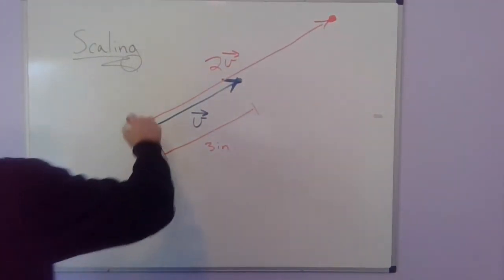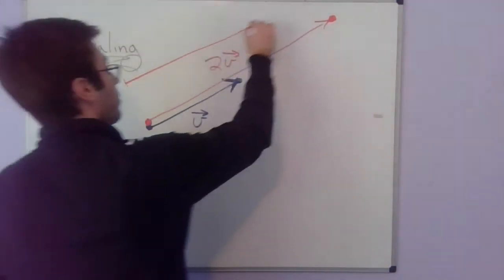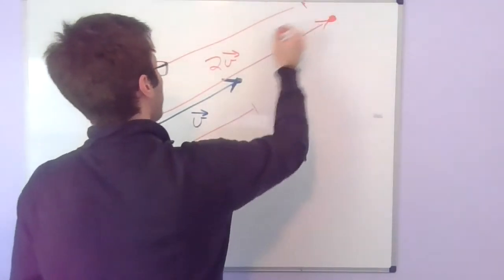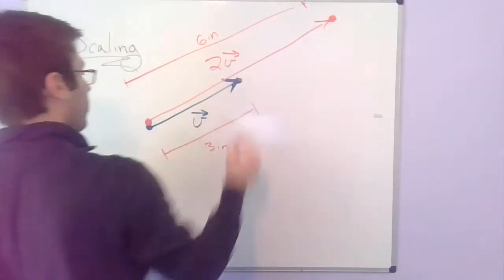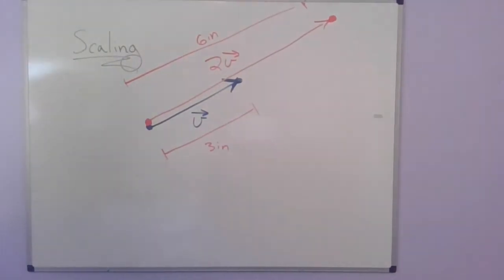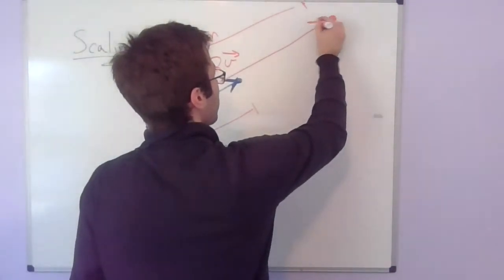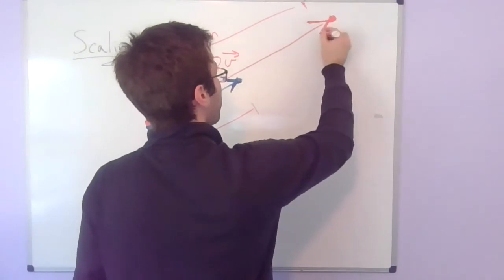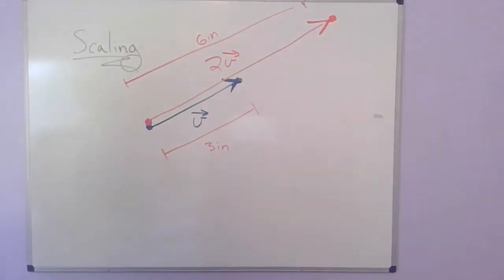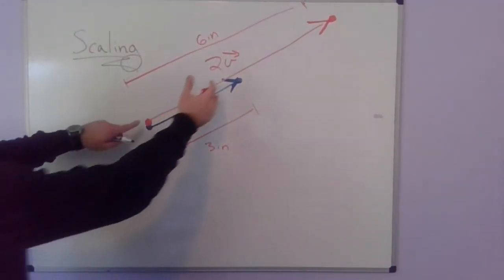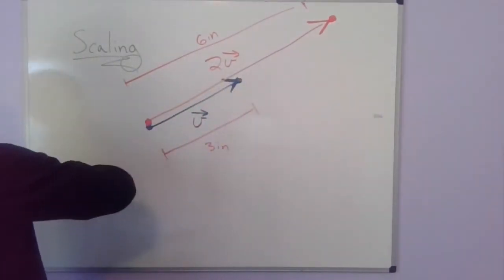And this length from here to here would now be 6 inches. Pretty cool that you can do it. Now, you can also take a vector, and again, this vector is right there. You can also take this vector here and you can swing it around this other way.